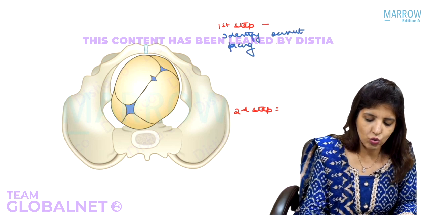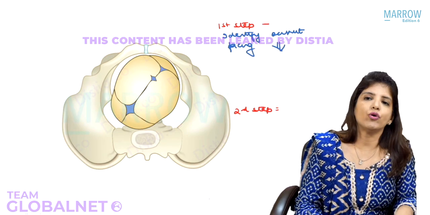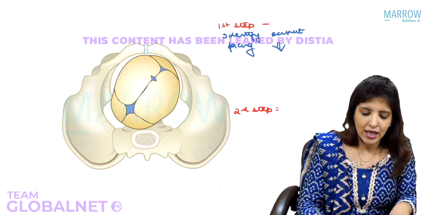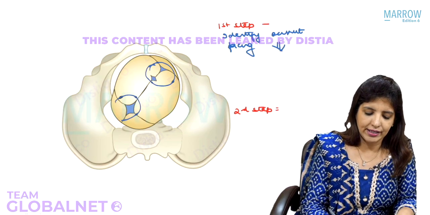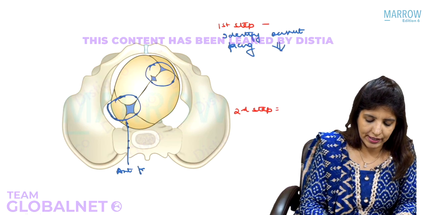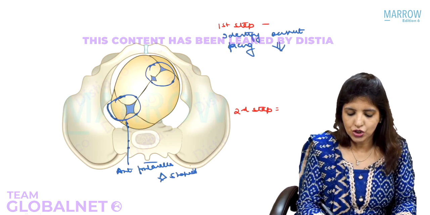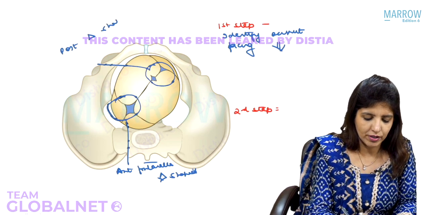And in order to identify that, I am going to take help of the fact that the anterior fontanelle is diamond shaped, and the posterior fontanelle is triangular shaped, right?